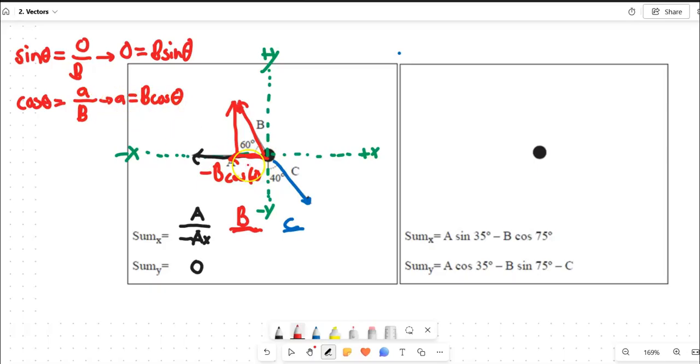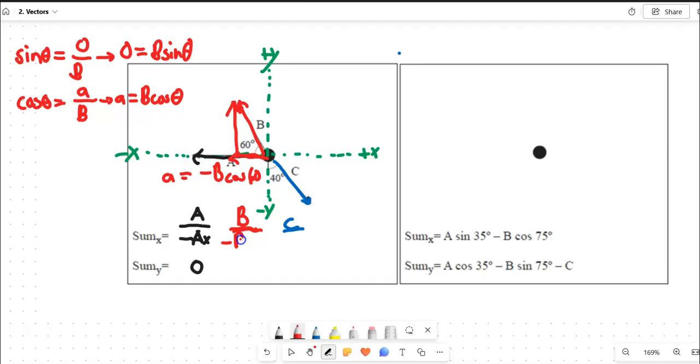This is the adjacent side, which is pointing to the left. And it's negative. And we said the adjacent side is b cosine of theta. So this is negative b cosine theta. So that's pointing to the left. And that's negative b cosine of theta.